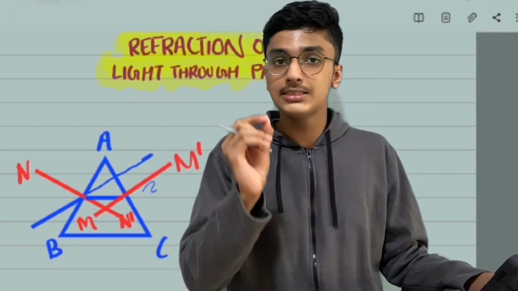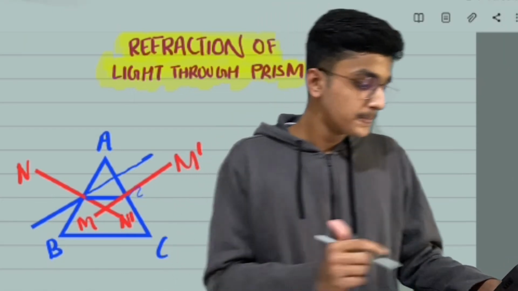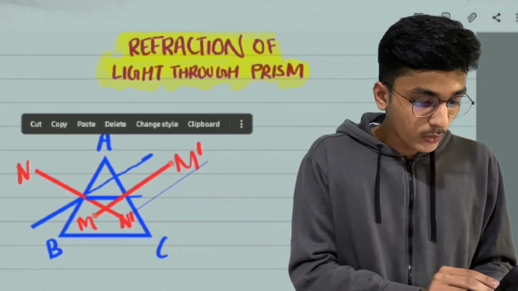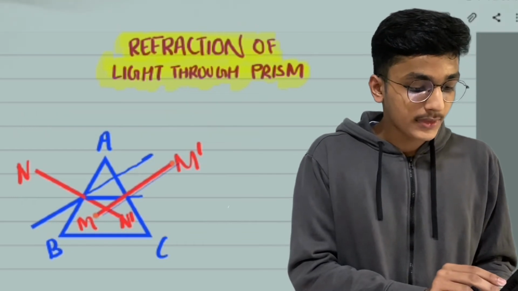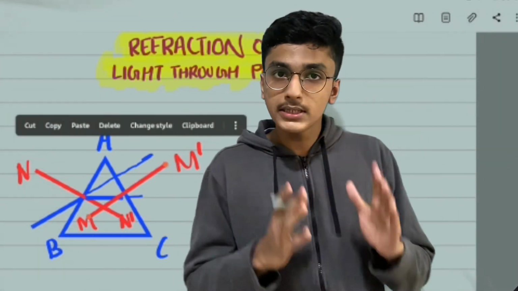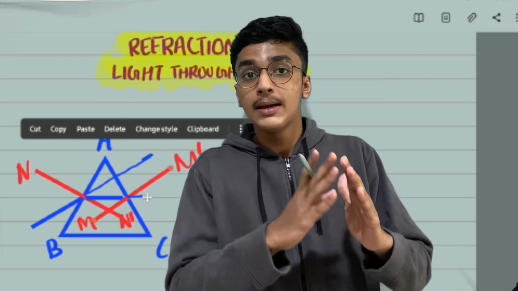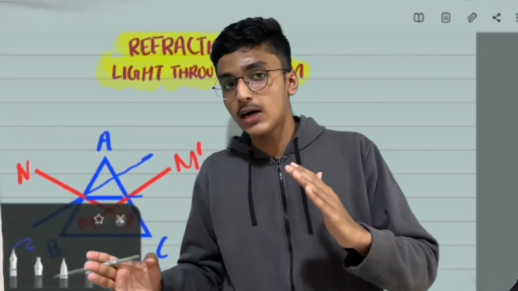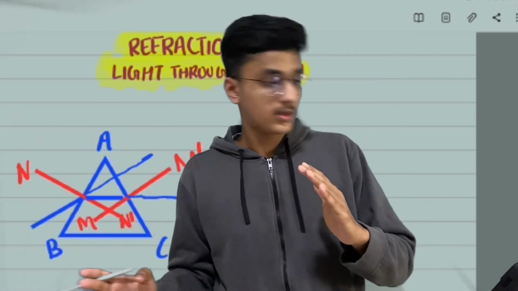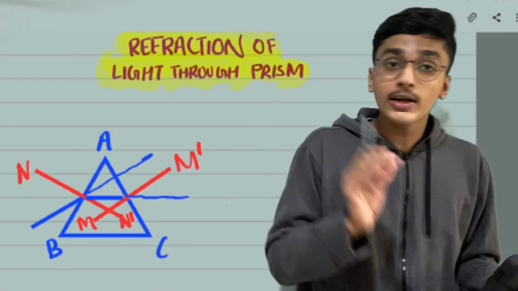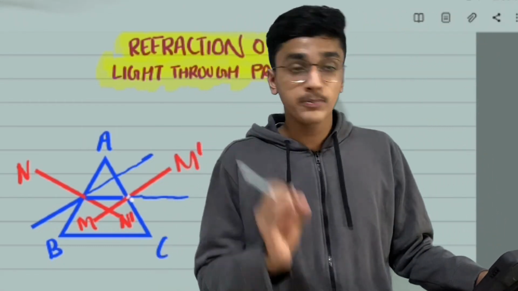This is the main change we can observe in this case. In this case, we have drawn the emergent ray also. The emergent ray is the ray which comes out from the prism.